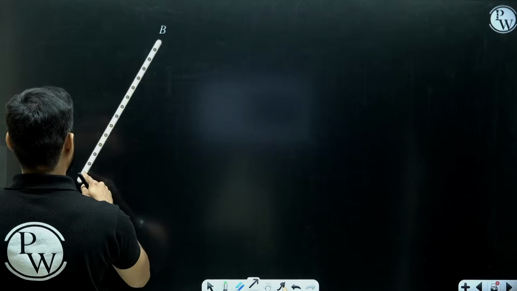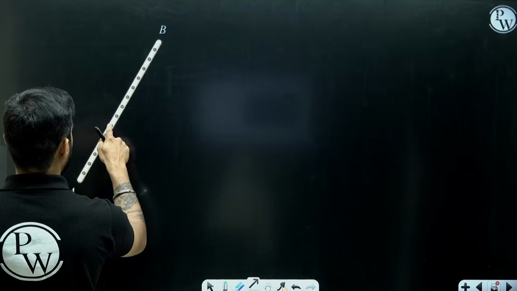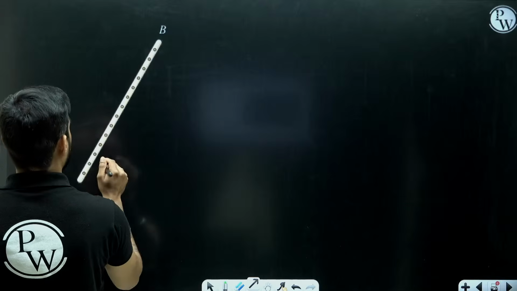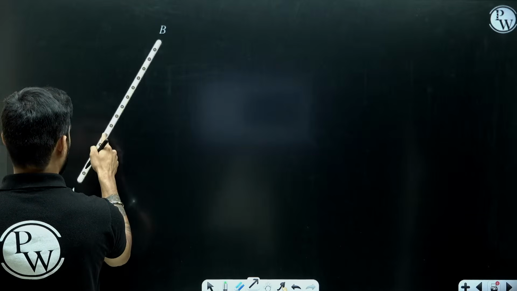It will be acting at the center. Counting 1, 2, 3, up to 14, so 1, 2, 3, up to 7.